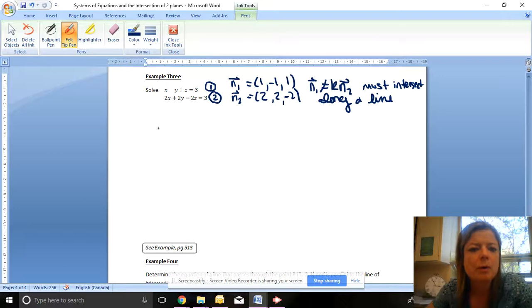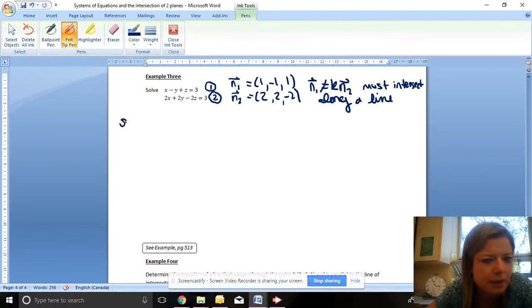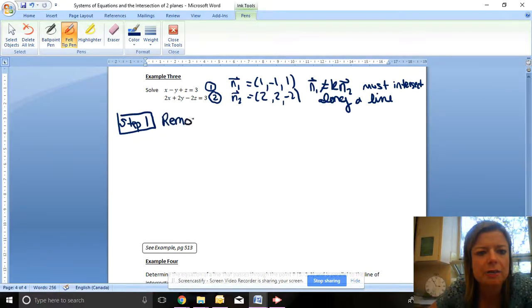Okay, so what we're going to do is find the equation of this line of intersection. So I'm going to lay out the steps for you, and hopefully you're able to follow them so that you can imitate them in similar questions. So the first thing we're going to do is remove x.